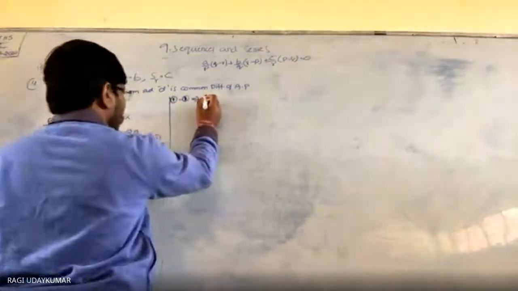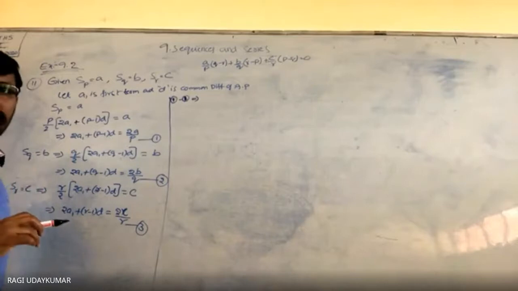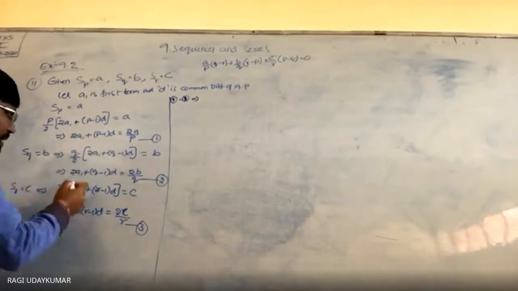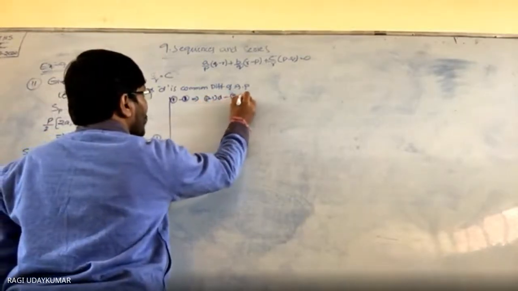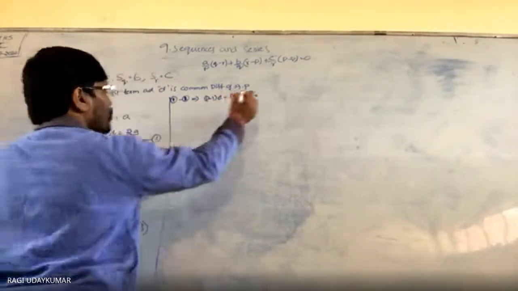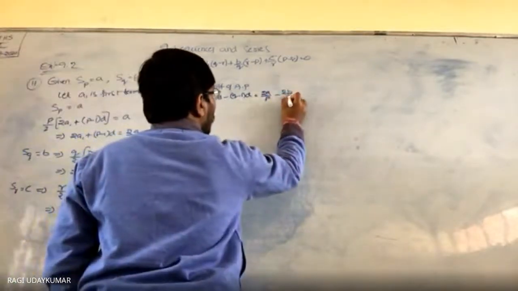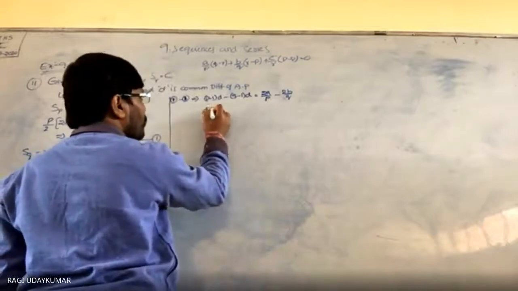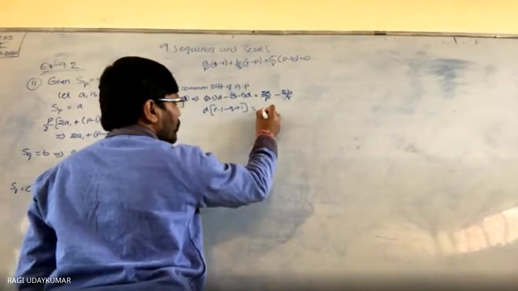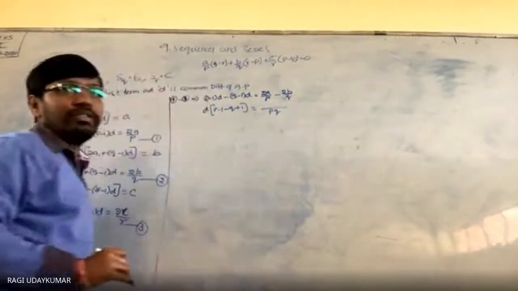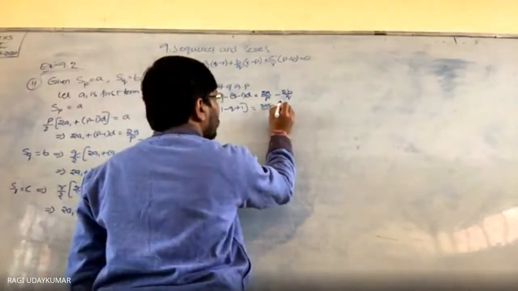So what do you get here? I'm writing. Shall I write it directly? Because 2A1 will get cancelled. Next, what do you get here? P minus 1 into D minus Q minus 1 into D is equal to 2A by P minus 2B by Q. So from this, if you take D common, P minus 1 minus Q plus 1 is equal to, in the denominator PQ will come, simplify: 2AQ minus 2BP.